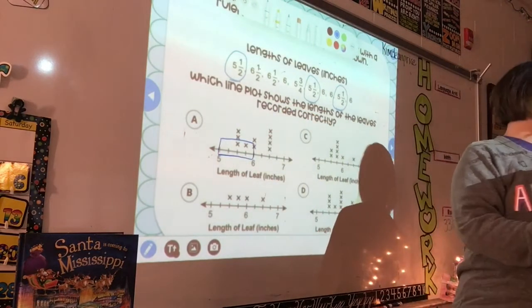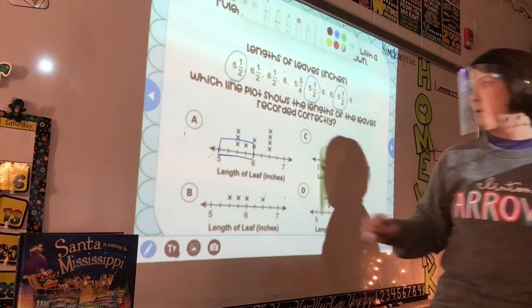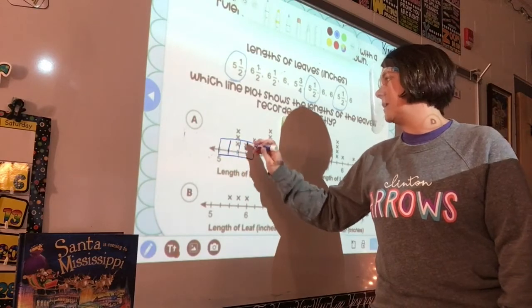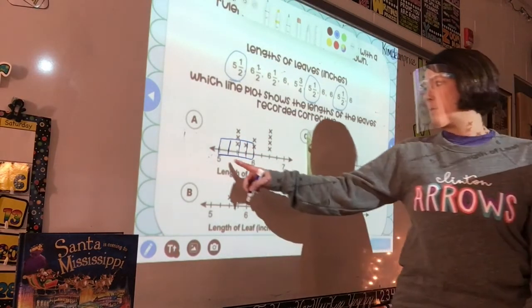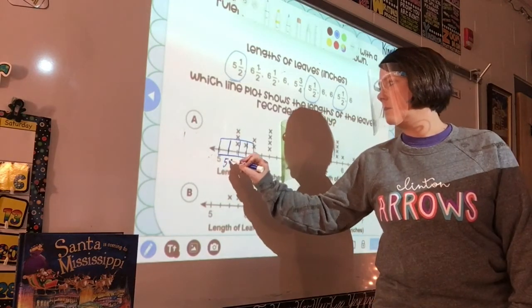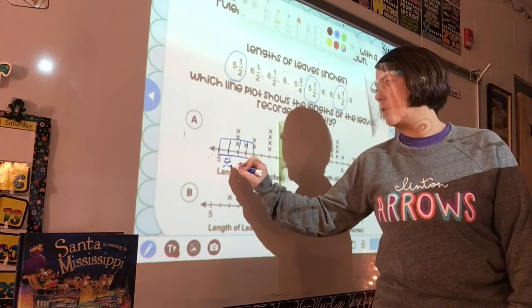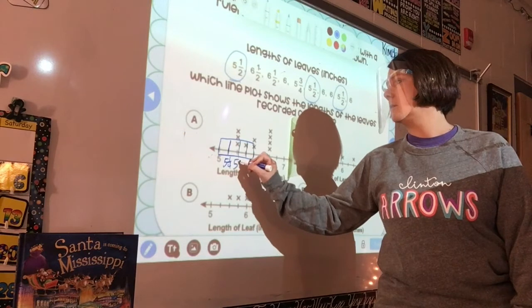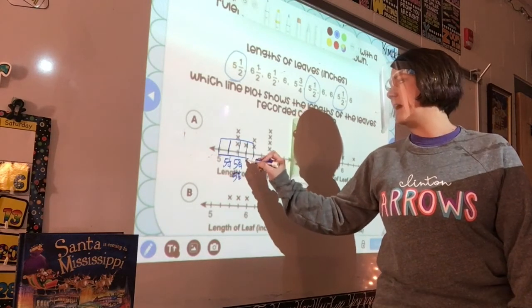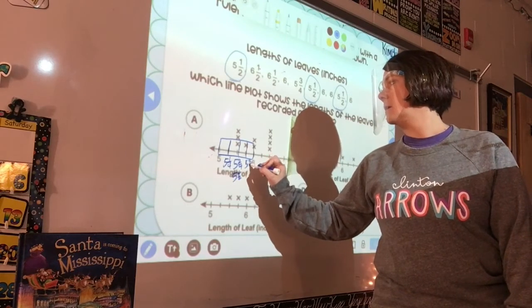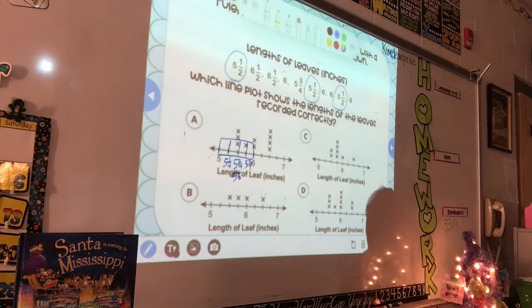You go between whole number and whole number, remember? So what does this one cut into? 4ths again. So this would be 5 and 1/4. Good. 5 and 2/4 or 5 and a half. And then 5 and 3/4. Good. We caught on. Good job. You'll need to remember this because you're going to use it a lot. So all these are cut into 4ths, obviously.